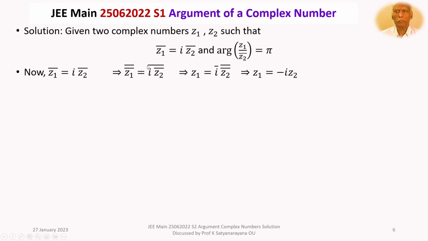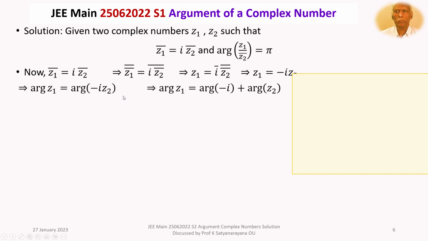Here the conjugate of the product is equal to the product of their conjugates. So the conjugate of i Z2 bar is equal to i bar multiplied by Z2 bar bar. Z2 bar bar is Z2, and the complex conjugate of i is minus i. So Z1 is equal to minus i Z2.